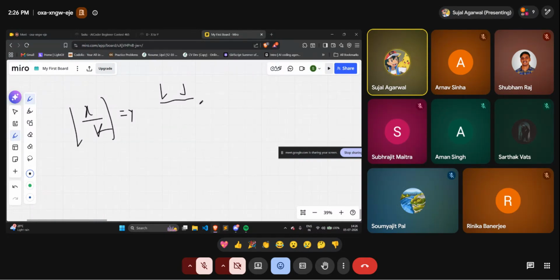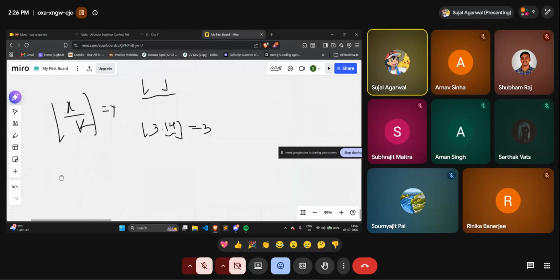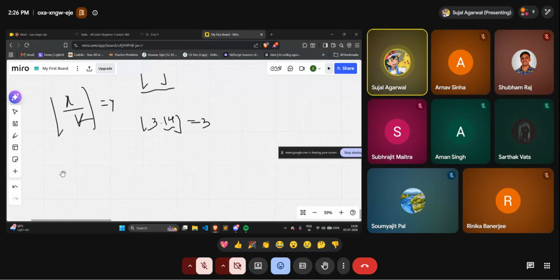Suppose we have a decimal value over here. We take an arbitrary number, 3.14. So this would return me 3. So we truncate the decimal places over here and return the integer itself. So this is what the function does.